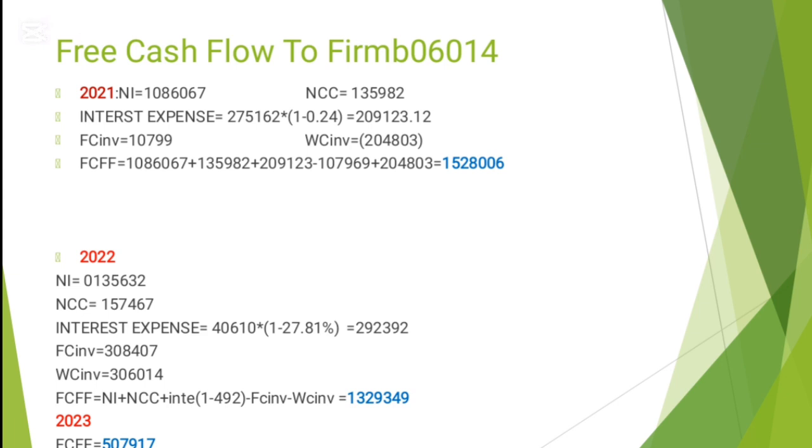We can see that in 2021, Zambia Sugar had 1,528,006, and in 2022, Zambia Sugar is having 1,329,349, and in 2023 it is standing at 507,917. We can see that the cash available to all the investors in the organization is decreasing by the year, which is not a very good sign to the investor. So this is the ratio analysis of Zambia Sugar.